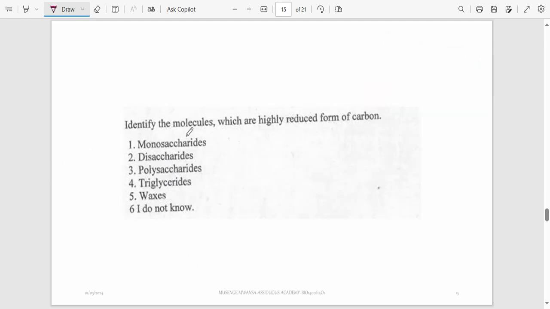Let's look at this one. Identify the molecules which are highly reduced form of carbon. Monosaccharide, disaccharide, polysaccharide, triglyceride, waxes.